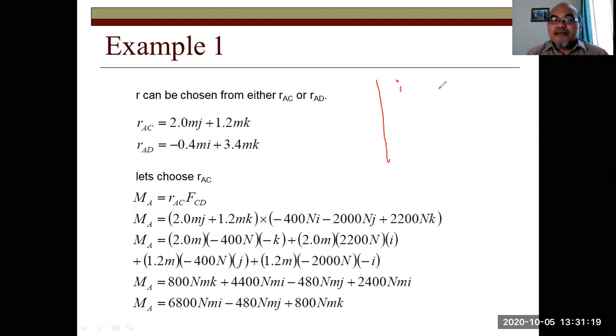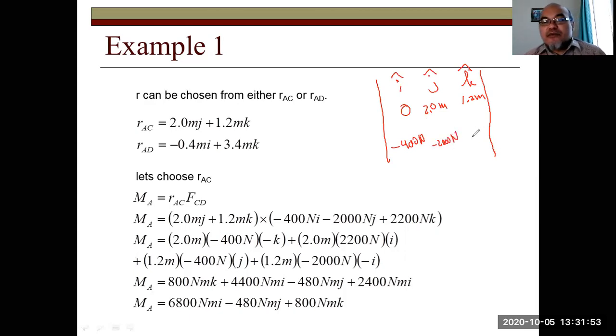For example, this is I, J, K. First is RAC: the I component is null, the J component is 2 meter, the K component is 1.2 meter. The FCD is the X component minus 400 Newton I, the J component is minus 2000 Newton J, and the K component is 2200 Newton K.